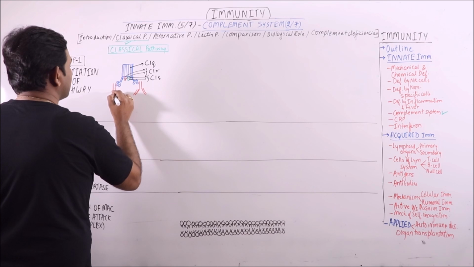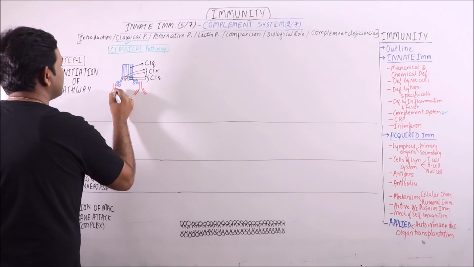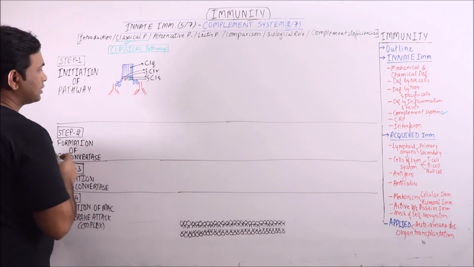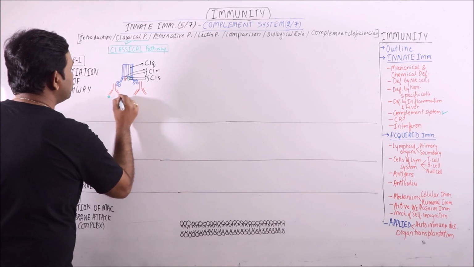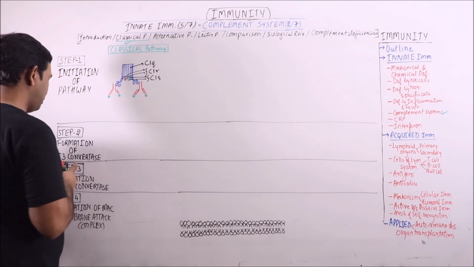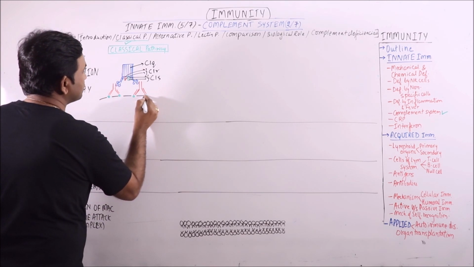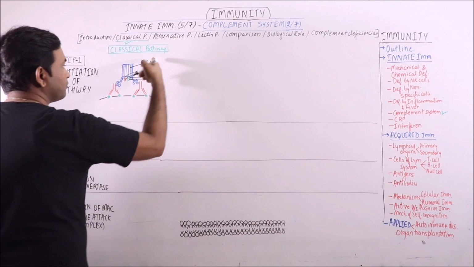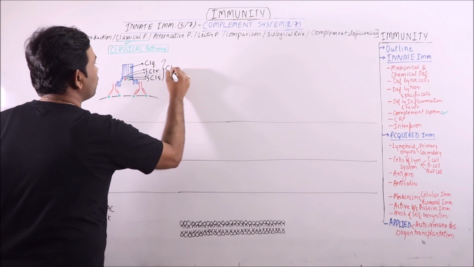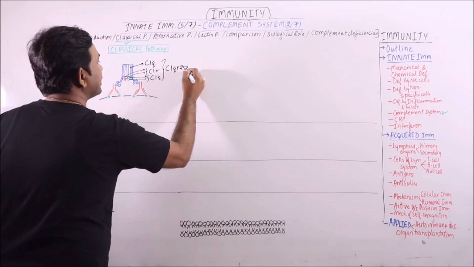This is the crystallizable fragment of antibodies, that is FC. And these antibodies are bound to the antigens on the microbial surface like bacteria. So this is basically C1, which can be represented as C1Q R2 S2.